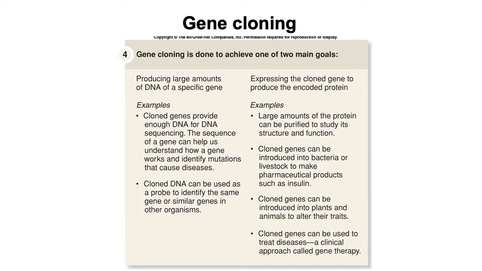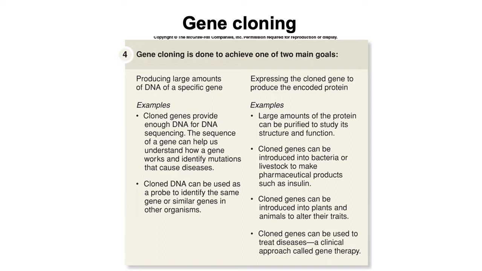Recombinant DNA technology is really about taking DNA from two different sources and joining them together in vitro. And so you're going to see why that is important. And gene cloning is basically making lots of copies of a particular gene. You may want lots of copies of that DNA for a number of reasons, or you can also use gene cloning to make a lot of its protein product.